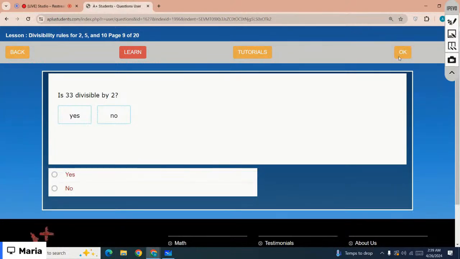Is 33 divisible by 2? The correct option is no, 33 is not divisible by 2.